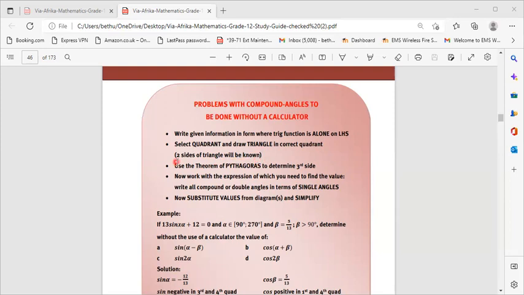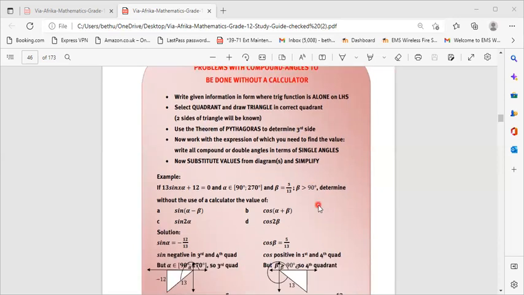Then third point, use the theorem of Pythagoras to determine the third side. Point number 4, now work with the expression of which you need to find the value. Write all compound or double angles in terms of single angles. Point number 5, now substitute values from the diagram and simplify.